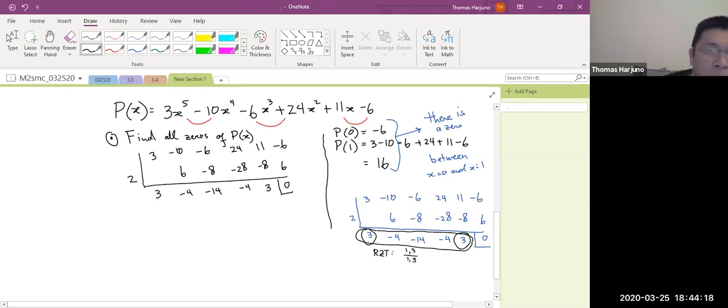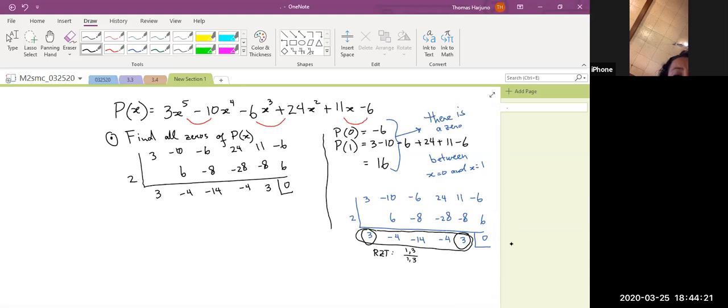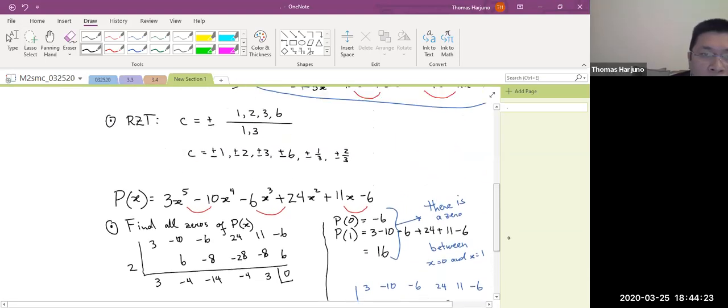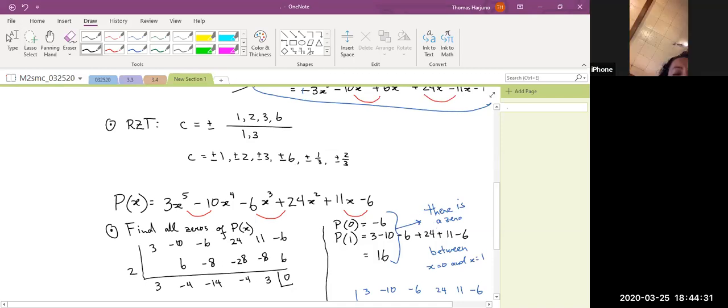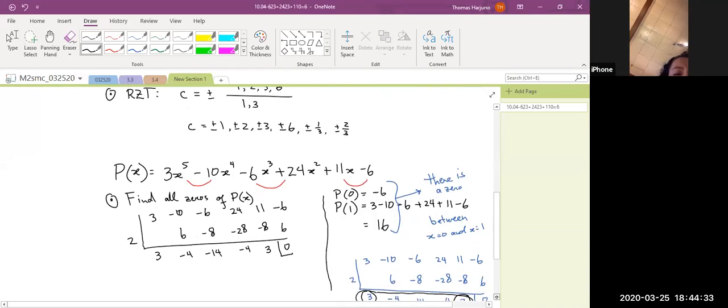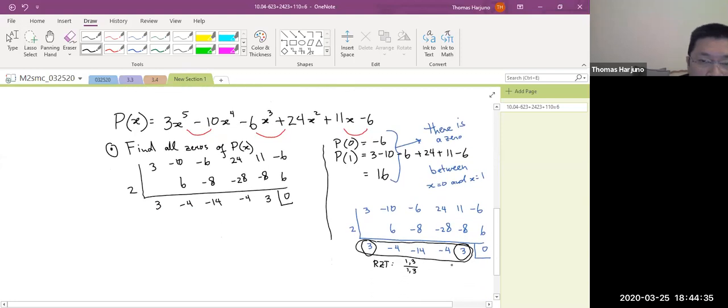Are you with me? So if we look back to our rational zero theorem that we applied earlier, once we get 2 is a 0, now 6 cannot be. I already eliminate this. So right now I have only plus minus 1, plus minus 1/3, plus minus 3. Let me try 3 then.